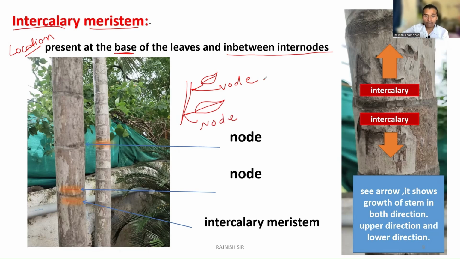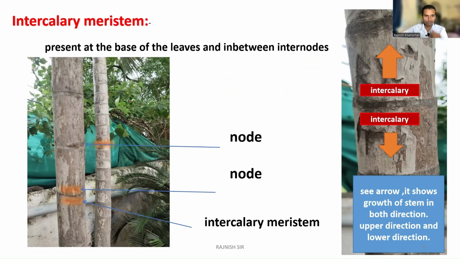And the region between two nodes is known as the internodal region, the internode region. This is one node. This is another node. A node is a region where a leaf is attached, and this portion is known as the internode region. Clear? Now let's move ahead.